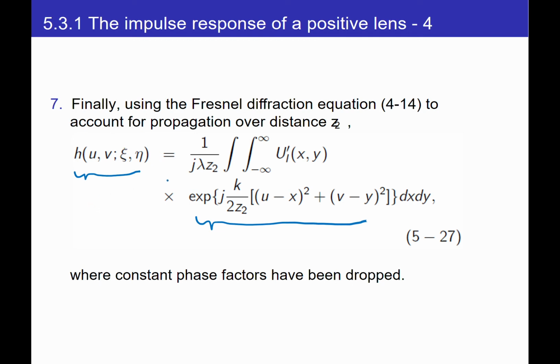If it is not a point source, then we get u0. But for the point light source, we get h. And if we have u0, then you get ui here.